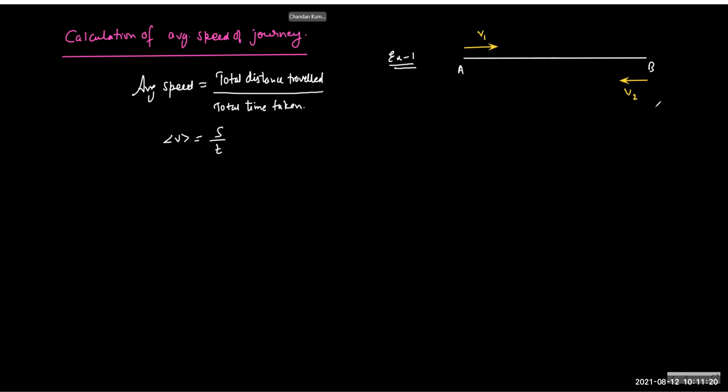Can we say that the entire journey had uniform speed? The answer is no. It is uniform piecewise. It's called part-wise uniform, but not as a whole. So as a whole, it's non-uniform speed.